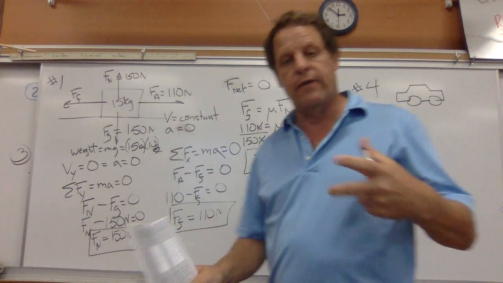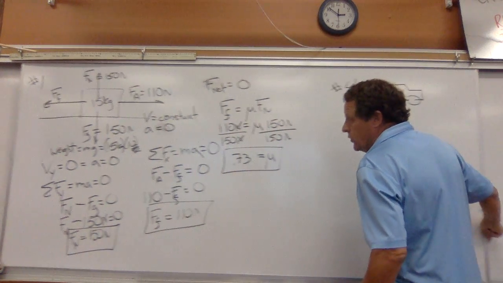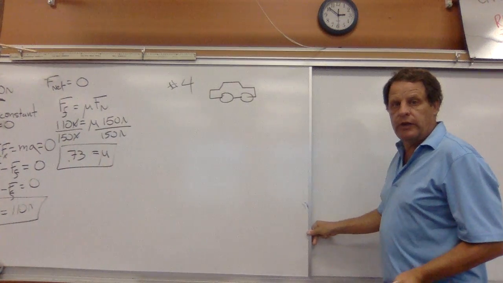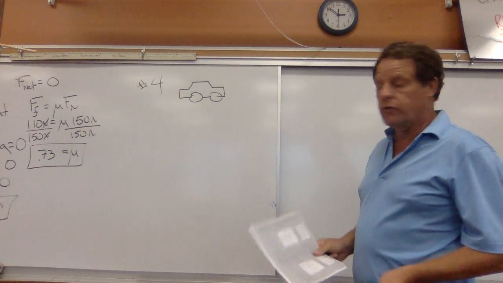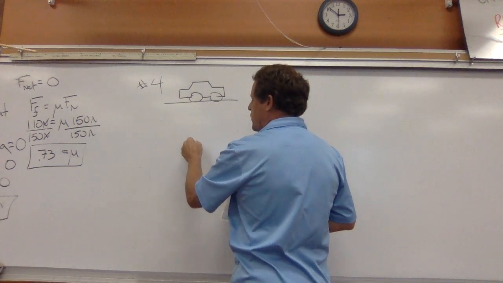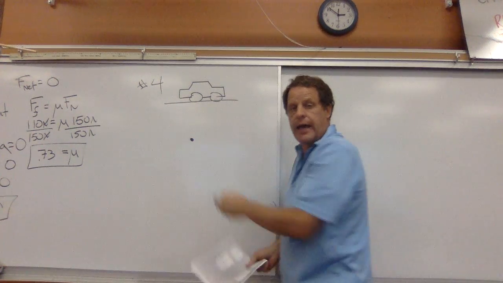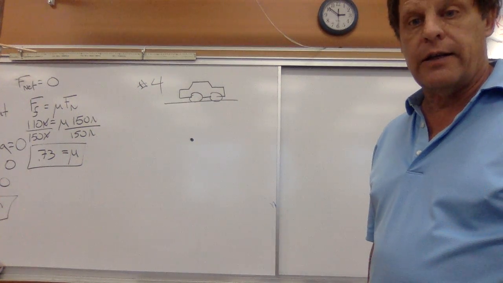But when you have things that are a little more complicated, what we can do and what we probably should do is we just talk about the forces. So now right here, we can think of the truck as being right there. And now we can draw all of the forces that are acting on it.